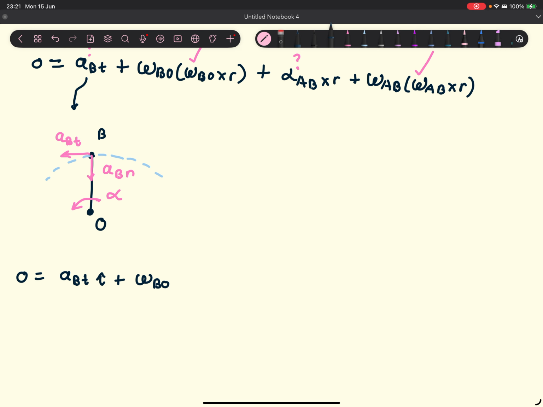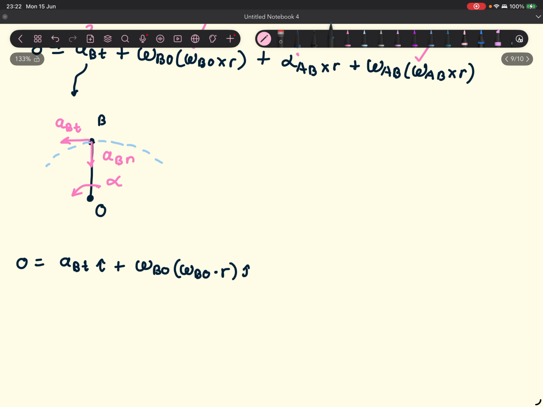So omega BO times r. We're not going to use vectors for this in this case. We're just going to use scalar multiplication because we already know the direction. But you could use vectors and you'll end up with the same results.